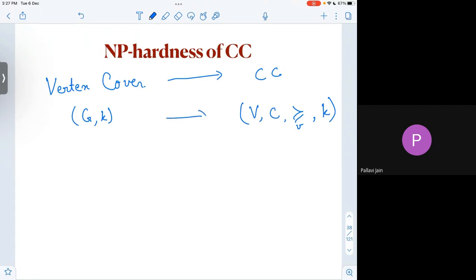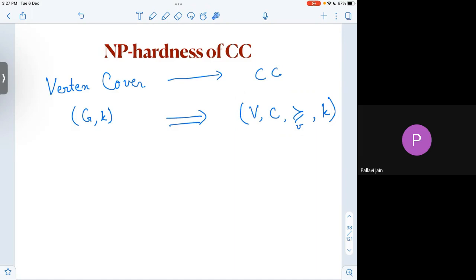Given this, I want to construct it such that G comma K is a yes instance of vertex cover if and only if this is a yes instance of the CC problem. This is what we want to do.